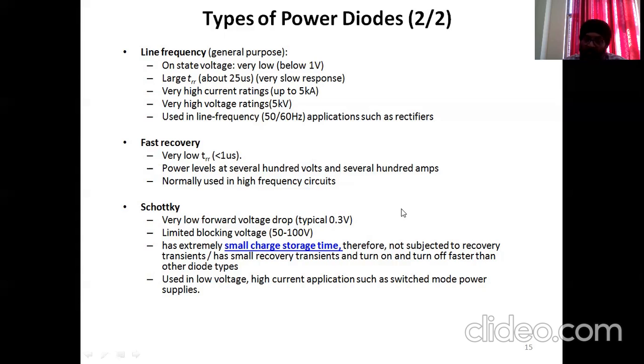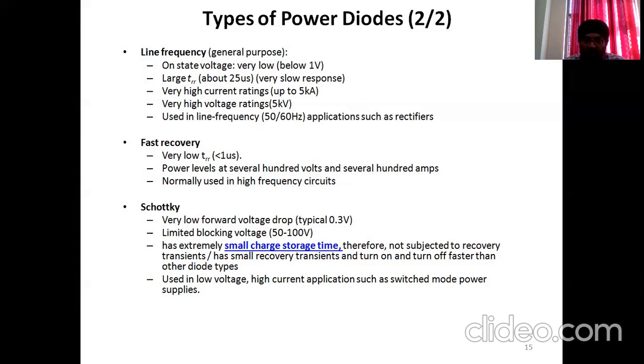Power levels we can increase or decrease. And the basic thing is, for high speed or high frequency applications, these fast recovery diodes can be used. So power levels can be managed depending upon the size of the diode as well as the doping levels of the diode.